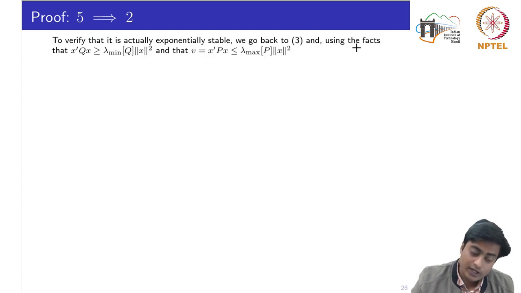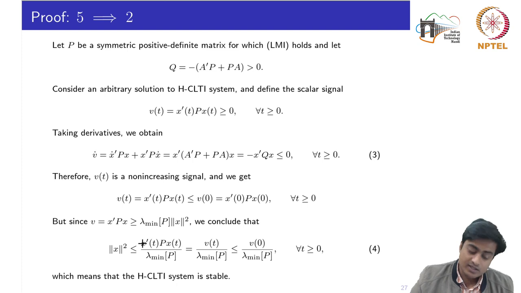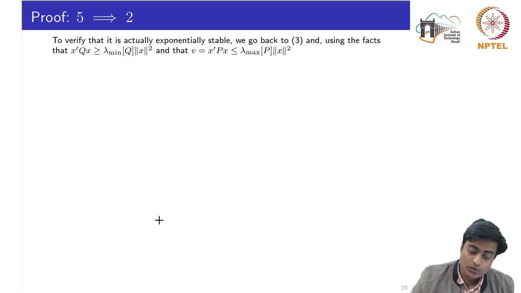Okay, we go back to 3 and, using the facts, we now introduce the same limiting values for the quadratic forms for both Q and P. Here we define that this quadratic form is greater than or equal to lambda min of Q times the square of the norm of x, and that V, which was defined as x transpose P x, is less than or equal to lambda max of P times norm of x squared. So I can use either of the relations. In the previous proof, we used this relationship, which holds true. Similarly, this relationship also holds true.